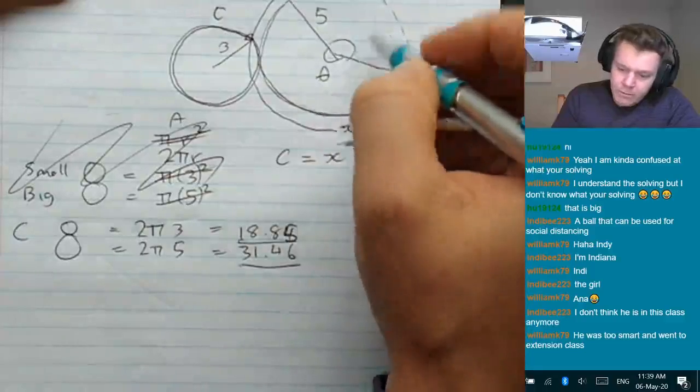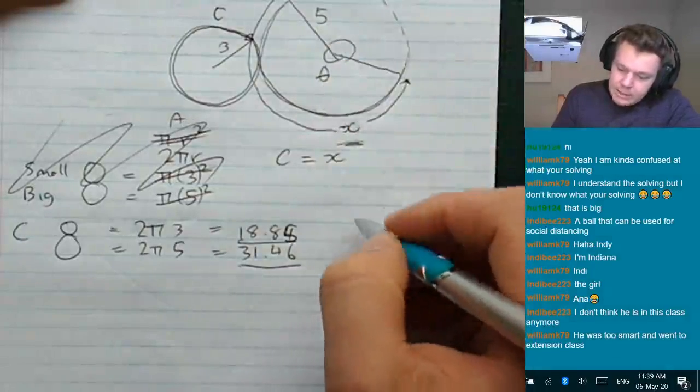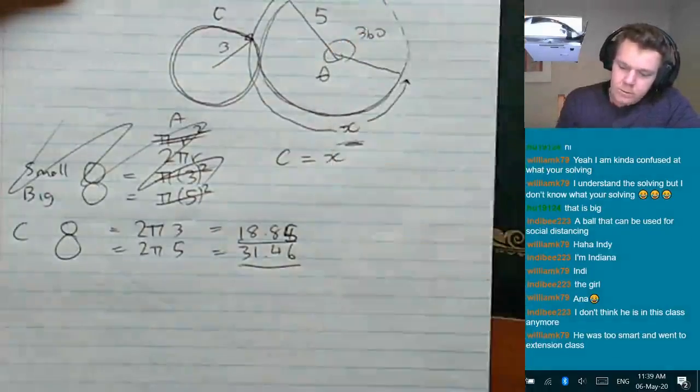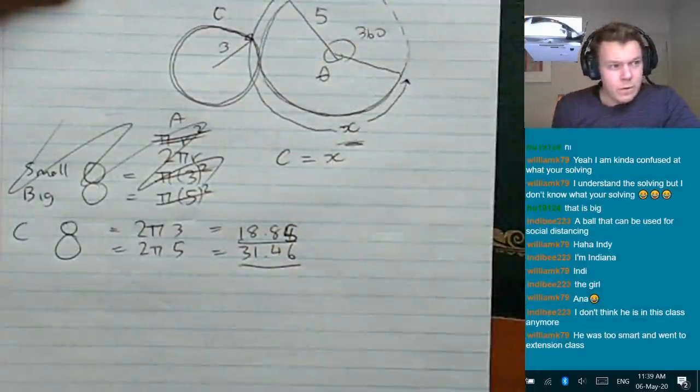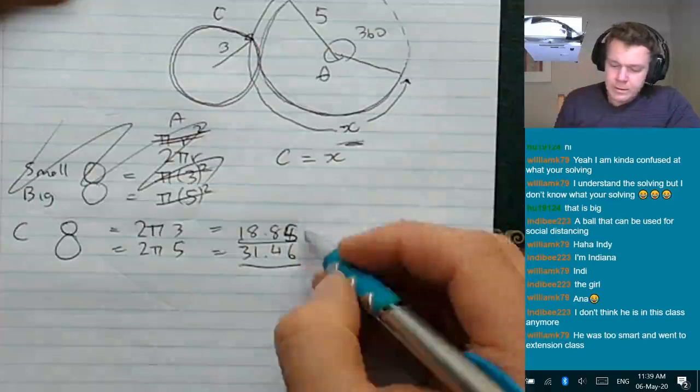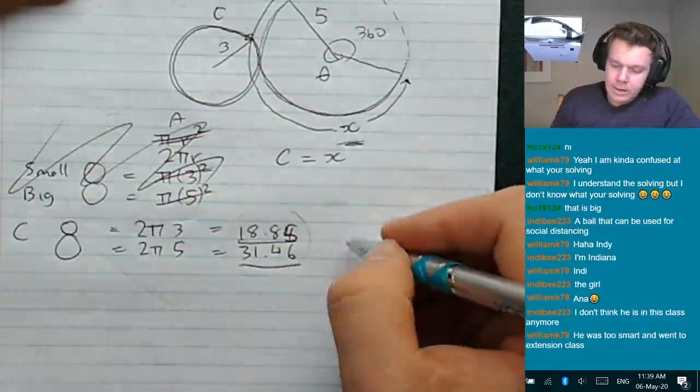And we know there's 360 degrees in a circle, so these two are going to make a proportion.